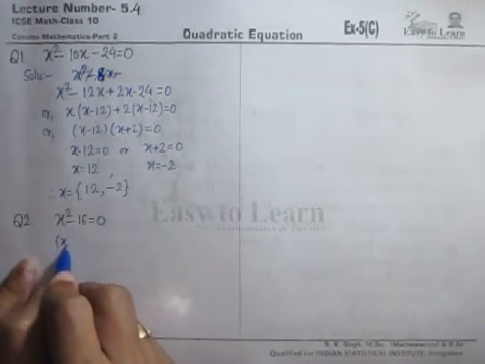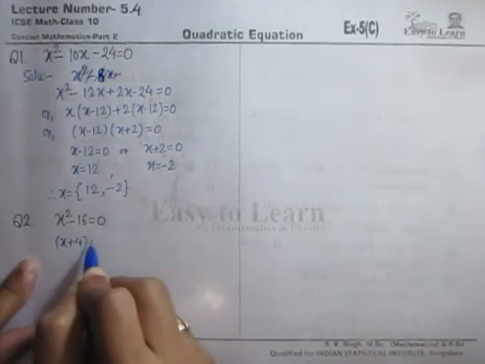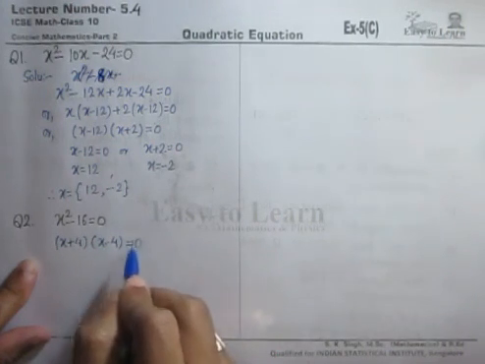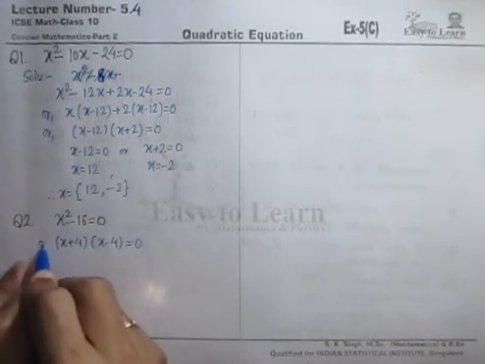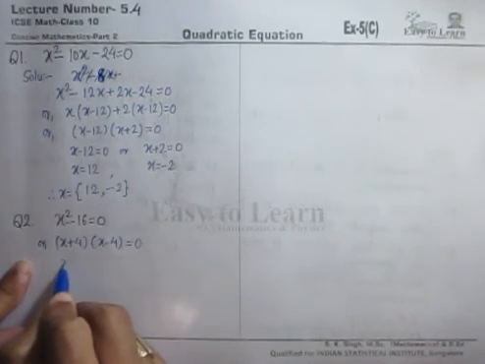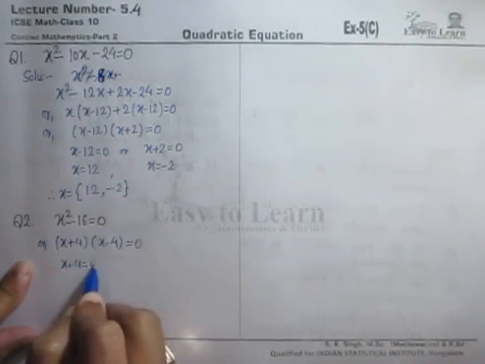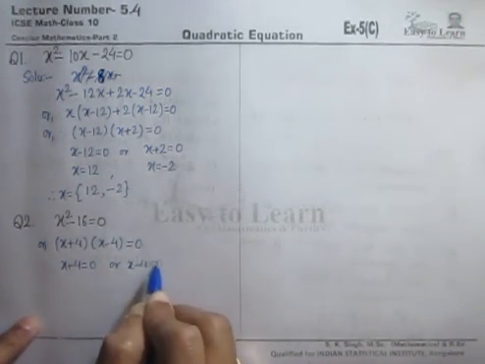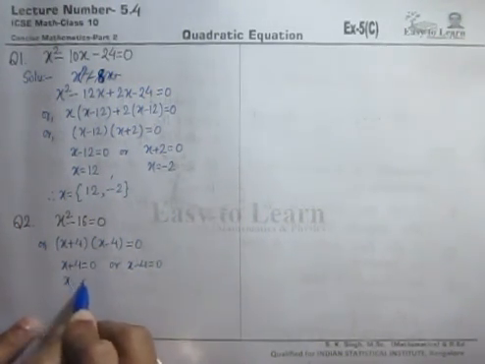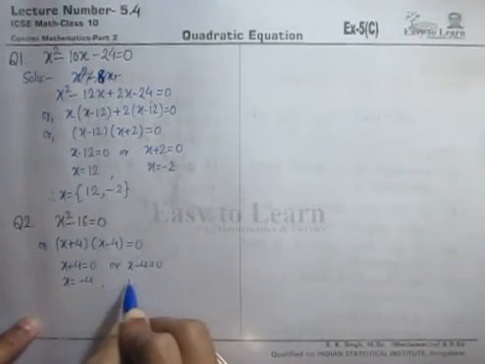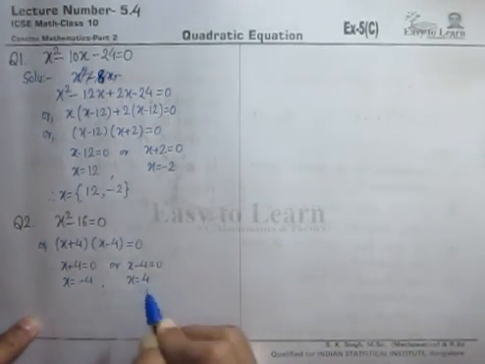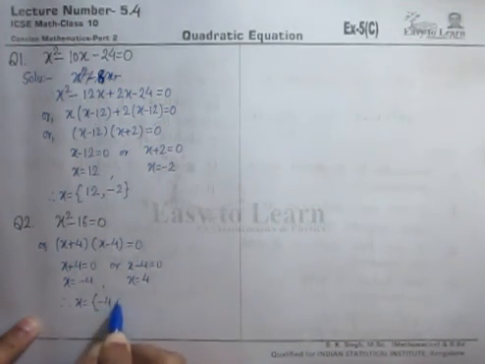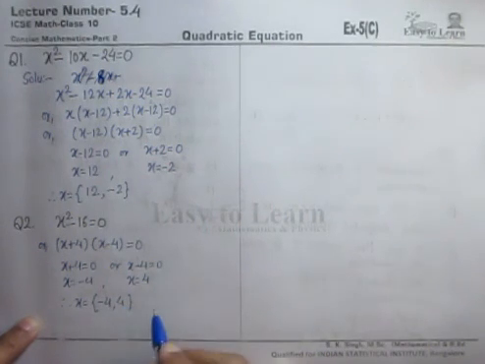It is x plus 4 into x minus 4 equal to 0. So x plus 4 equal to 0 or x minus 4 equal to 0. So from here x is equal to minus 4, and from here x is equal to plus 4. Therefore x is equal to minus 4, plus 4. Answer.